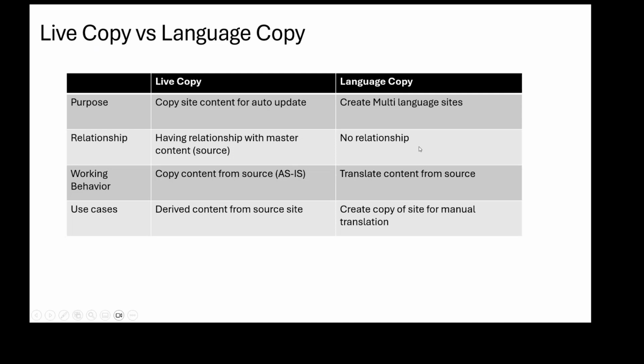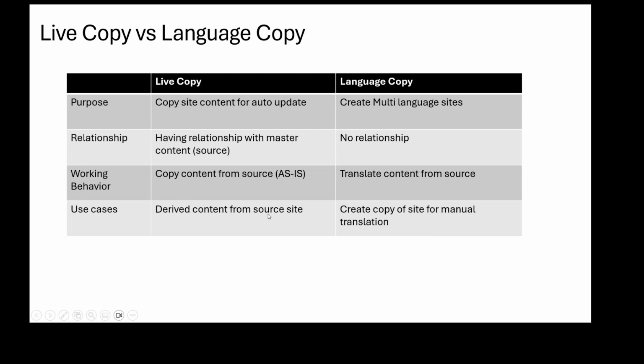However, language copy doesn't have any relationship with the master hierarchy. As for working behavior, whenever we are creating a live copy, it means we are creating similar content under different live copy hierarchies. However, language copy doesn't have any as-is behavior. Whenever we are thinking to create different content in a different hierarchy, make sure your translation is in place to generate different language content.